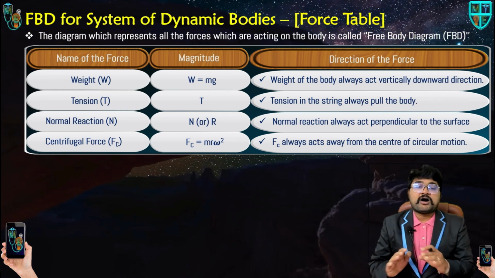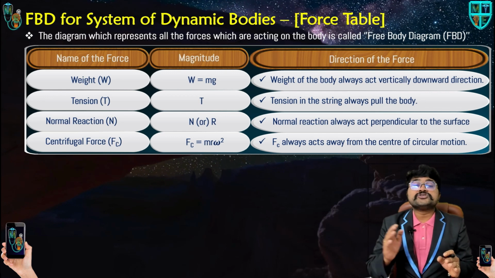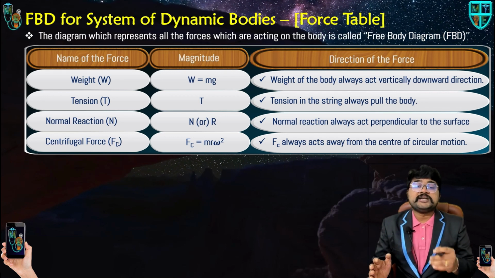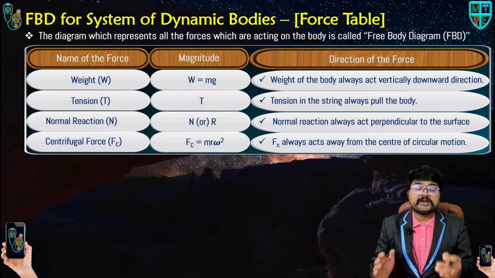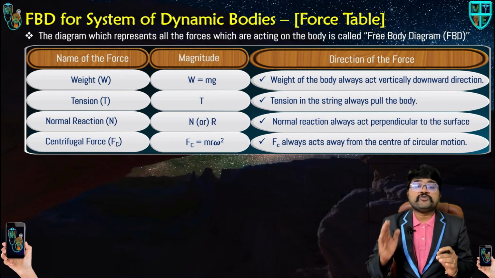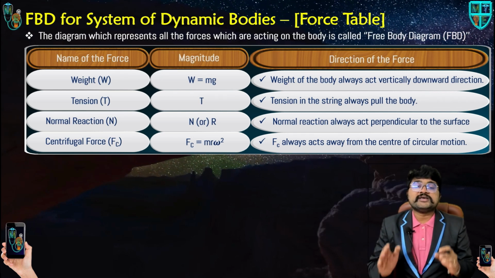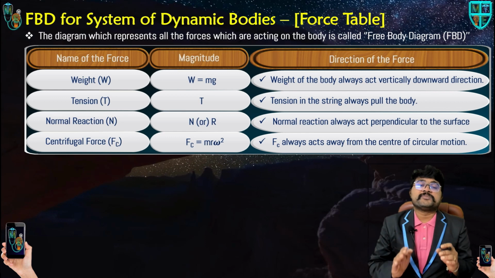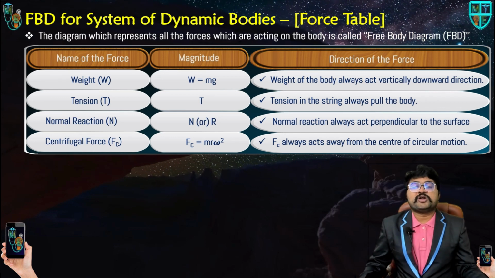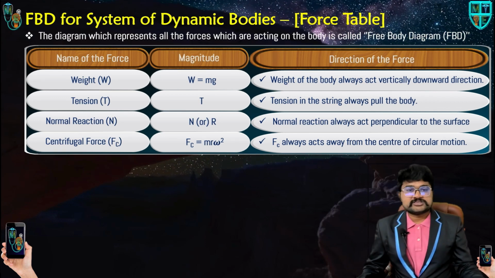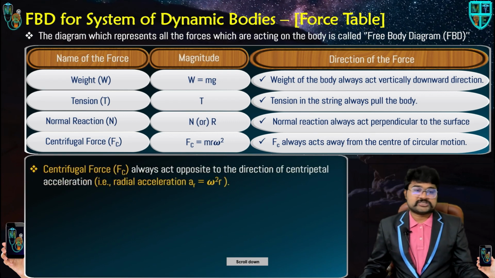That is why centrifugal force always acts away from the center of circular motion. We can discuss one by one.